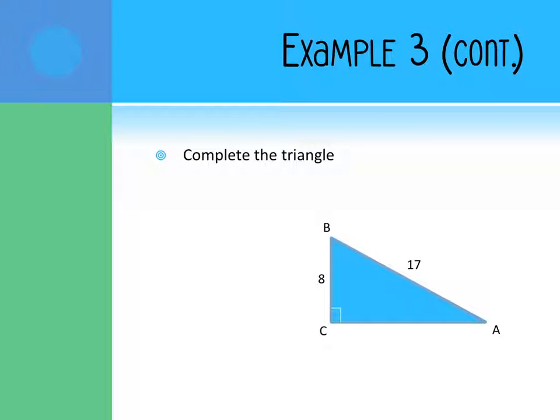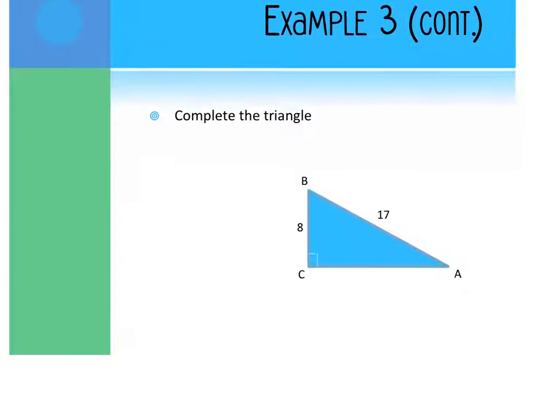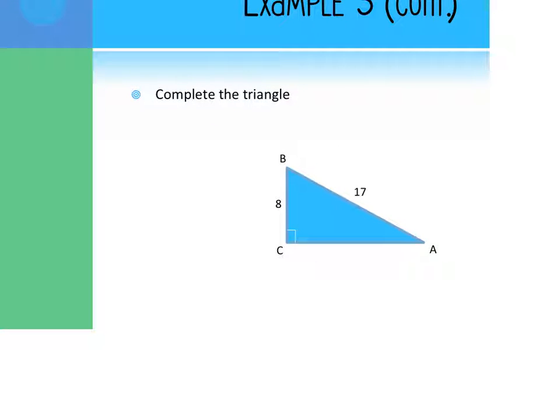All right, again, another completion of the triangle. How are we going to find this missing leg? We need to find this one because this one's going to be our opposite or our adjacent. A squared plus b squared equals c squared. Anybody recognize those numbers from the slides where I told you Pythagorean triples? This is actually a Pythagorean triple. So if you memorize the Pythagorean triples, you would know that this side is going to be 15.